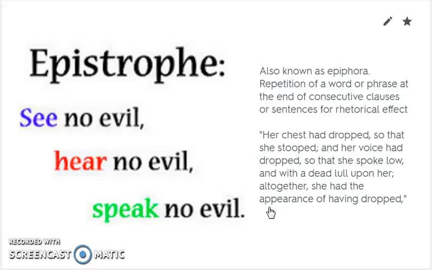So you have "dropped" at the end of this clause, "dropped" at the end of this clause, and "dropped" at the end of this clause, and this is an example of epistrophe. "See no evil, hear no evil, speak no evil" would be a familiar example of epistrophe.